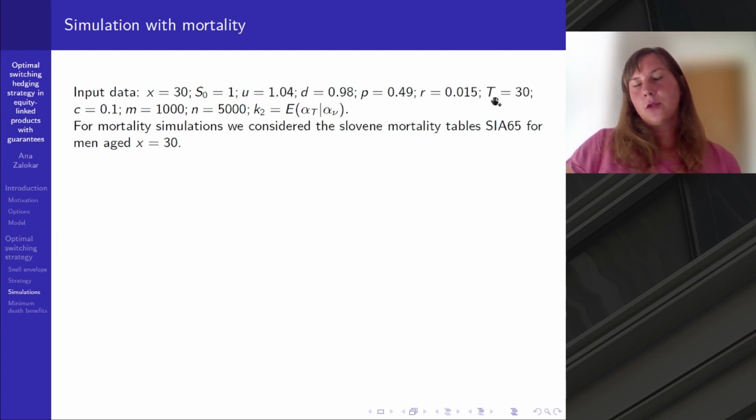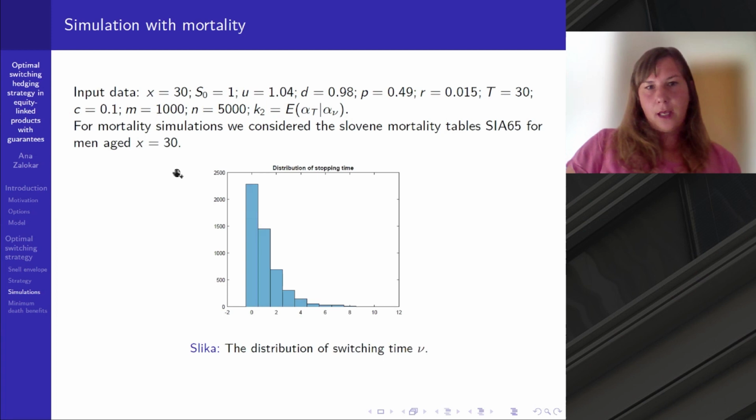The expiration date of the policy is 30 years. The management fee is 10%. M is 1,000 people who have this exact policy, and N is 5,000, meaning we did 5,000 simulations. For the mortality simulations, we consider the Slovene mortality tables for men aged X is 30.